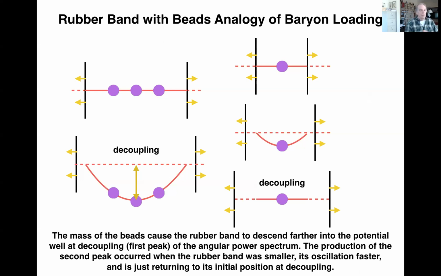But coming back to their initial state, even though they were baryon loaded, they didn't reap the rewards of having that baryon load. In other words, coming back to their initial state wasn't affected by the baryon load. So that second peak wasn't really influenced much.